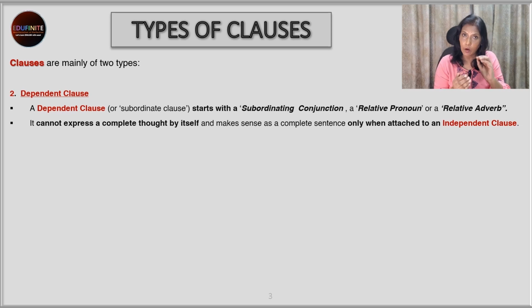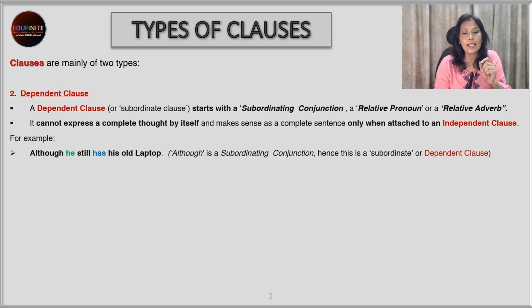When we attach a dependent clause to an independent clause and form a sentence, only then will it express its meaning to the fullest. Just by itself, it cannot express the whole meaning of what we are trying to say. It's just half of the sentence. So we won't have a clear idea what the sentence will be about. But if we attach it to an independent clause, then the whole meaning gets clear and we understand what is being said. So let's look into some examples.